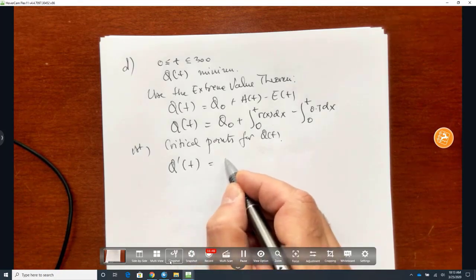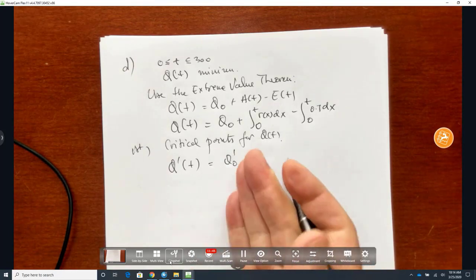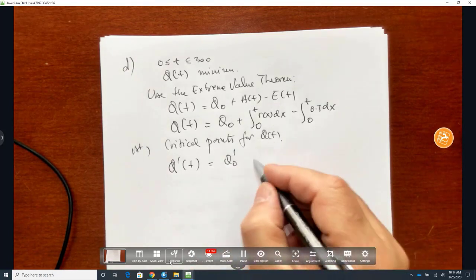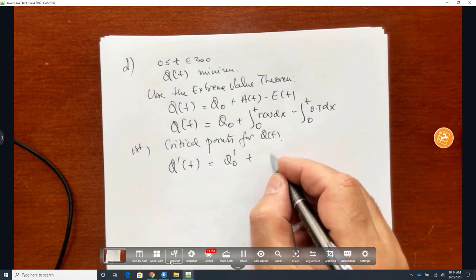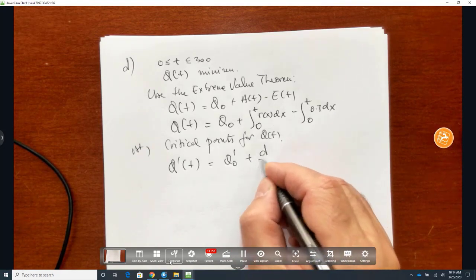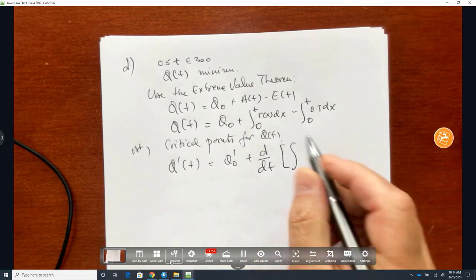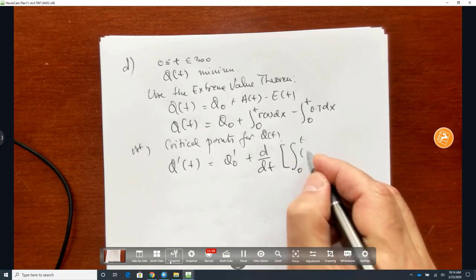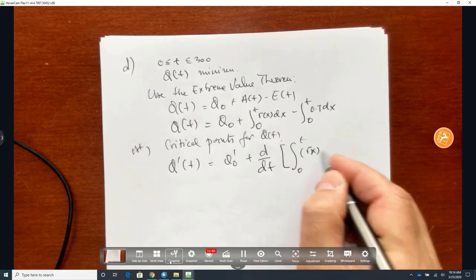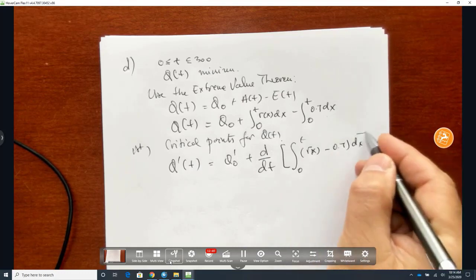So that will be the derivative of q of 0, that being a number 20, its derivative is going to be 0, plus the derivative with respect to time of, I'm going to write as, compact this, integral from 0 to t of r of x minus 0.7 dx.